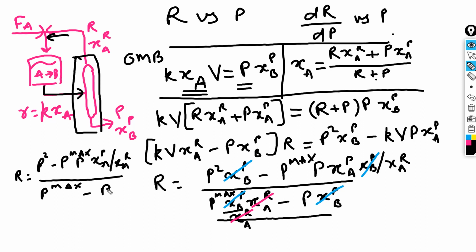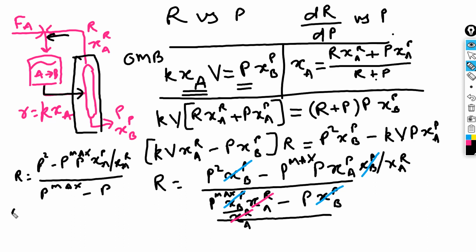We can simplify things further by saying that we divide numerator and denominator by P max of the right hand side, and then divide both sides by P max.